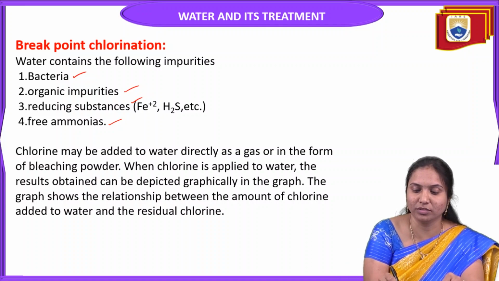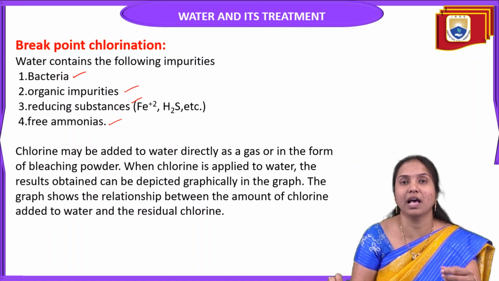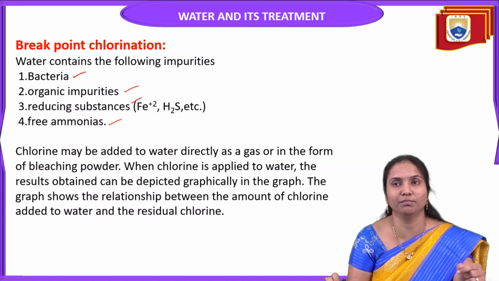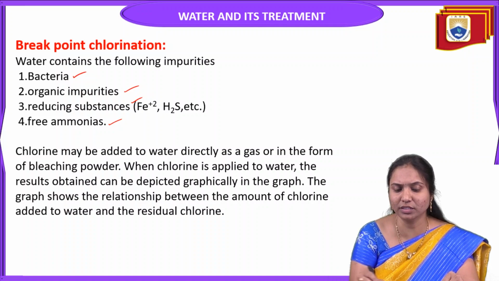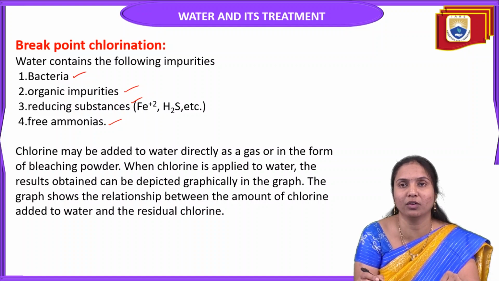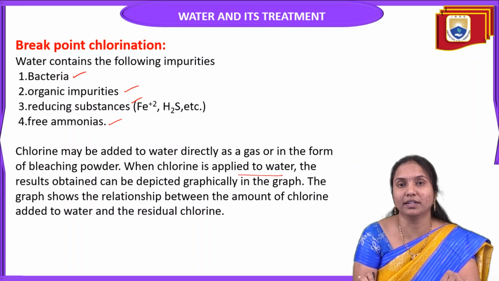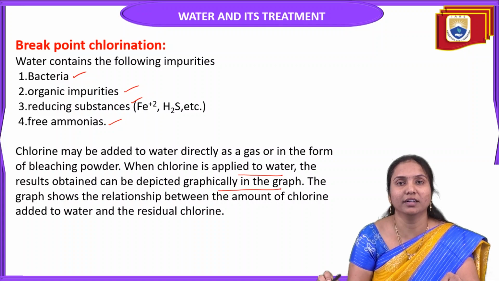In this process, chlorine may be added to water directly as a gas, or as chloramine or bleaching powder. When chlorine is applied to water, the results obtained can be depicted graphically.